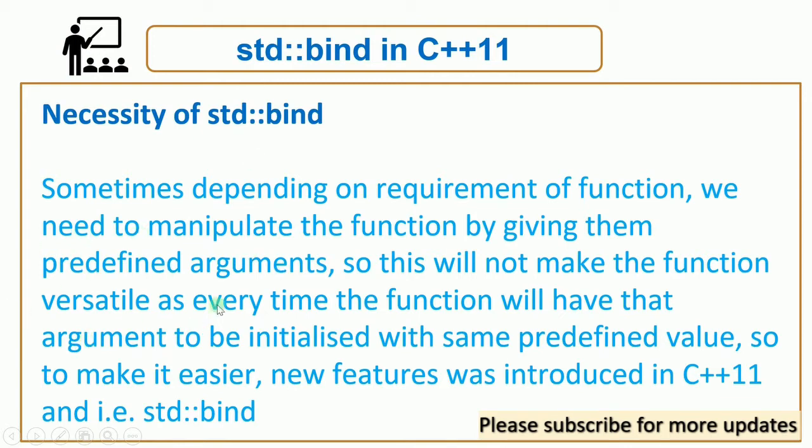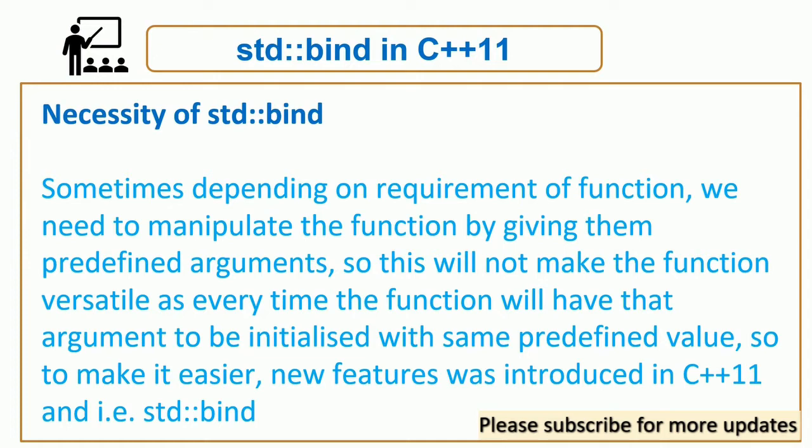First of all, depending upon the output requirement, sometimes you have to give a predefined value to some arguments of your function. Suppose we have a function with three arguments, and out of these three we want one argument to have a predefined value. That means we define some value in that function itself.